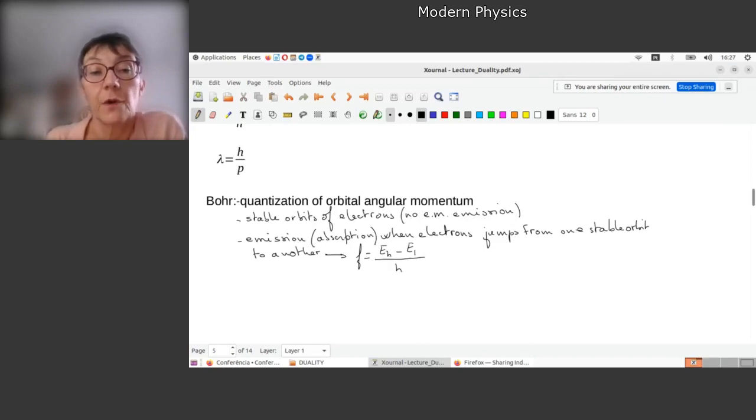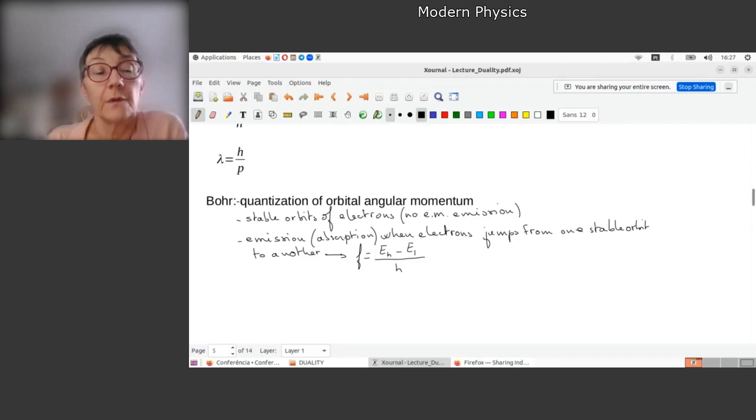And so this is how you observe light emitted by atoms, although he says that there is no emission during the movement of the accelerated electrons around the nucleus.